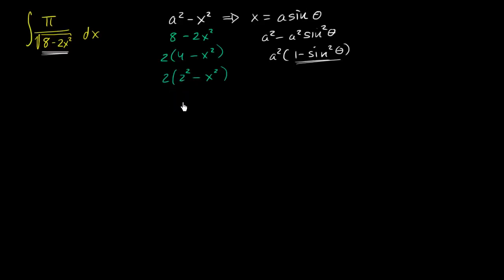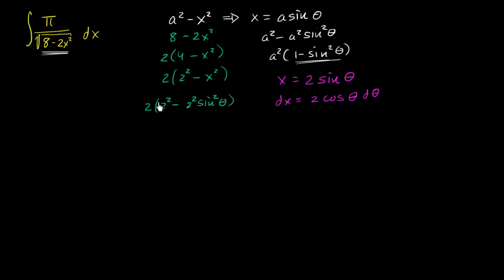Let's make the substitution that x is going to be equal to 2 sine theta, and dx is going to be equal to 2 cosine theta d theta. So what's this part under the expression going to be? Well, we already started simplifying it. It's going to become 2 times 2 squared minus x squared. x squared is 2 squared sine squared theta.